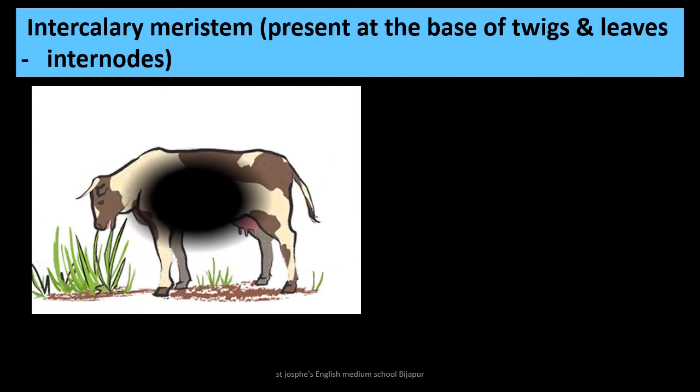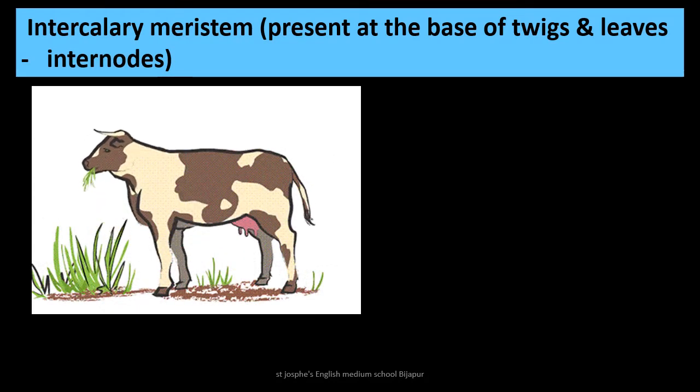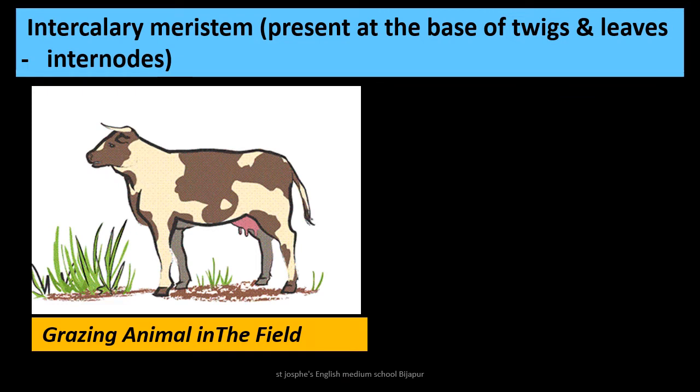You often see cows grazing on the field. So do the fields become barren after the cows have grazed? No, the grass eventually grows back. So what causes the regrowth of the grass?